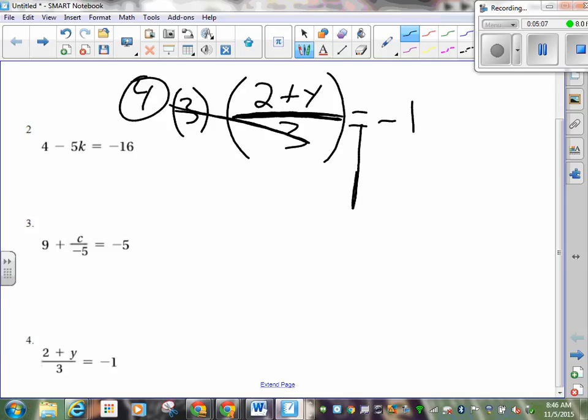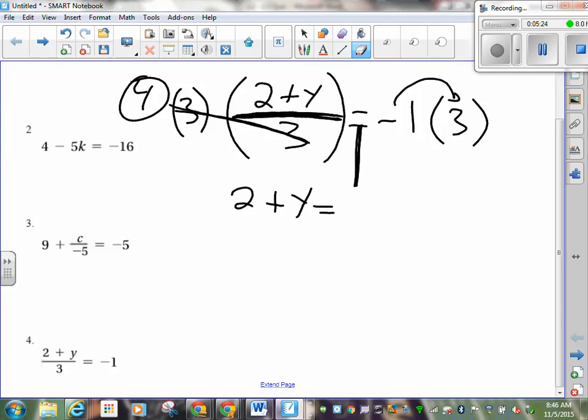And here's my wall. Whatever I do on one side, I have to do on the other side. So when I do that, I get 2 plus y equals negative 1 times 3 is negative 3. Raise that wall a little bit. Negative 3.